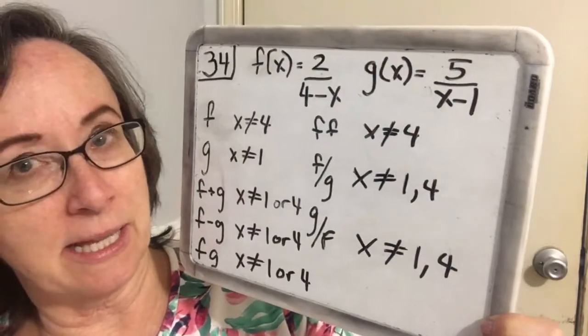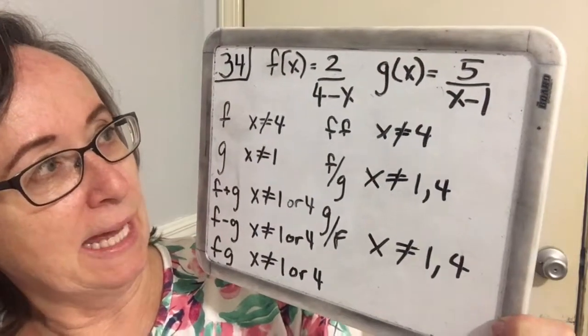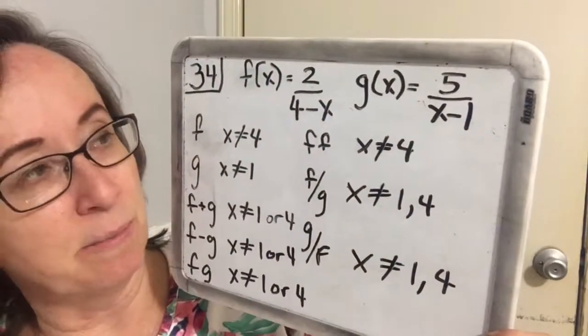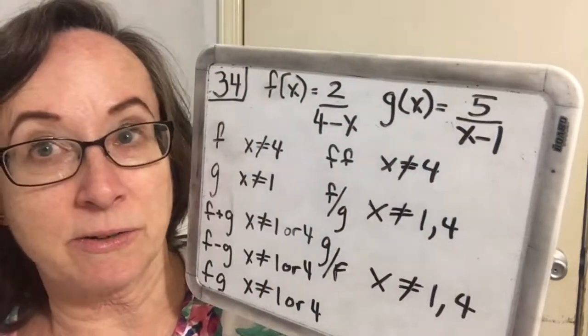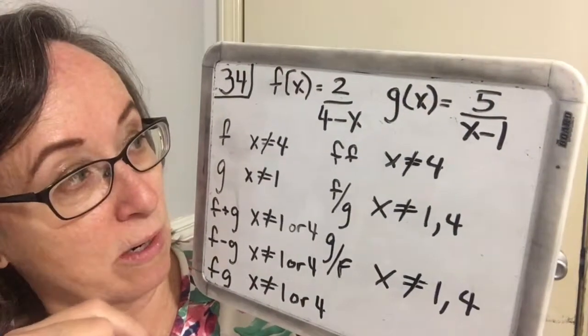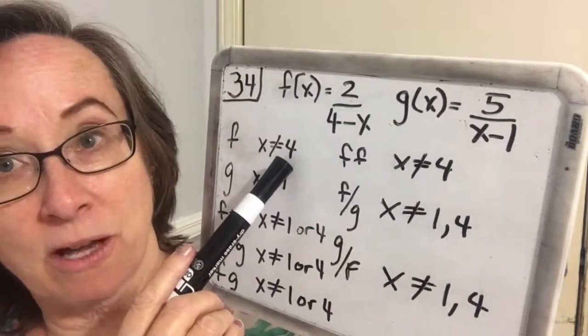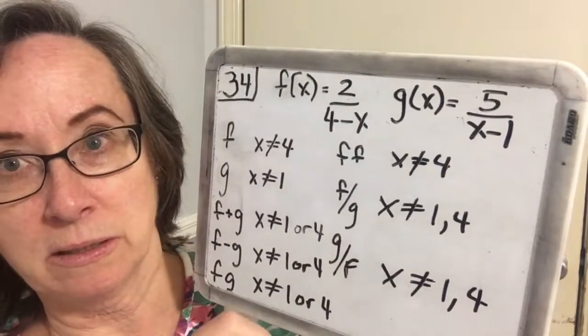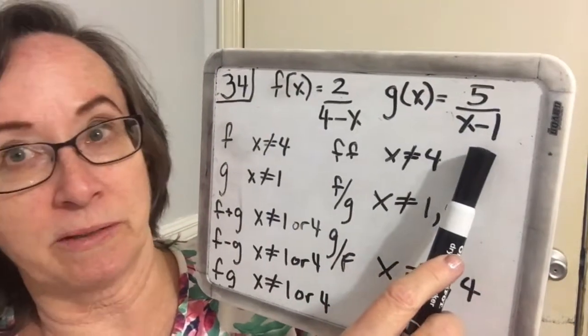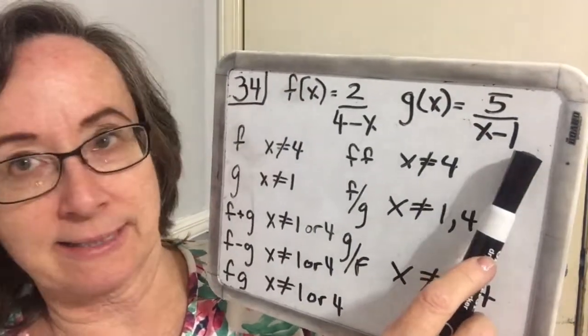They are fractions that have variables in them. And so the f function has a domain that is limited because the denominator could go to 0. And the denominator would go to 0 if x is 4. Therefore, our domain is all real numbers except for x is 4. The g function is all real numbers except for x cannot be 1.